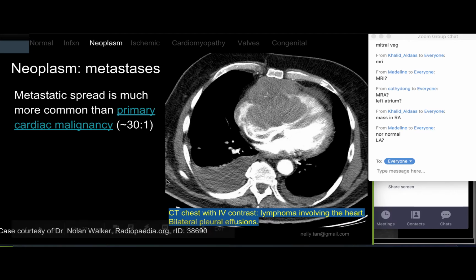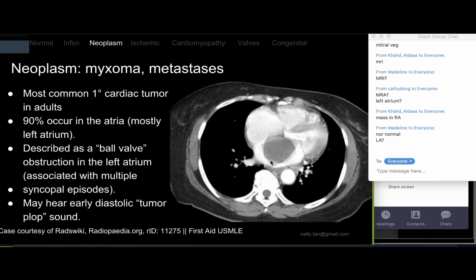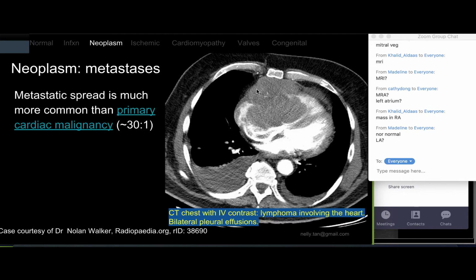So here on the other hand is a mass, and unlike the myxoma, which has a nice round appearance and looks very homogeneous, this one is very ugly looking, it's heterogeneous, thick walled, and it's also crossing multiple compartments.